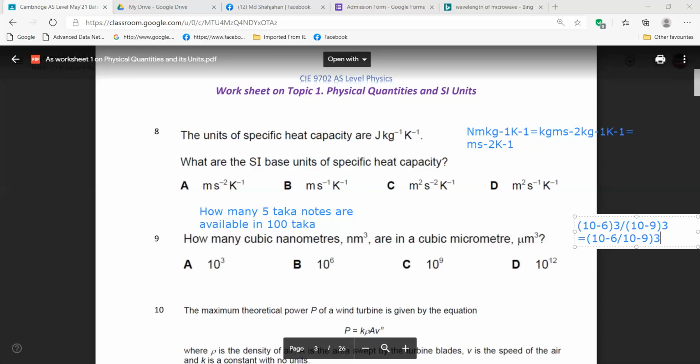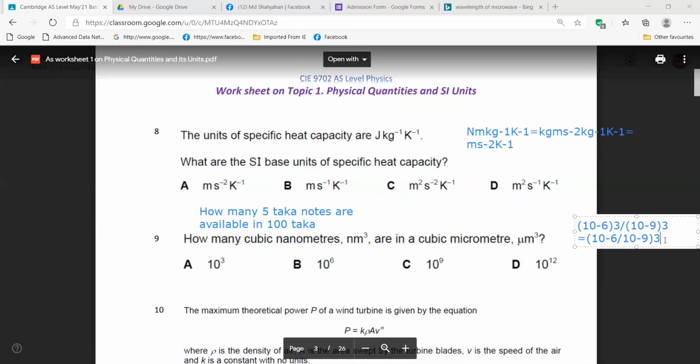Yes, sir. Then 10 to the power minus 6 divided by 10 to the minus 9 is coming 10 to the power 3, right? If this one is 1 by 10 to the minus 3, then it will come upwards, then it will become 10 to the power 3, right? 1 by 10 to the minus 3 means actually 10 to the power 3.